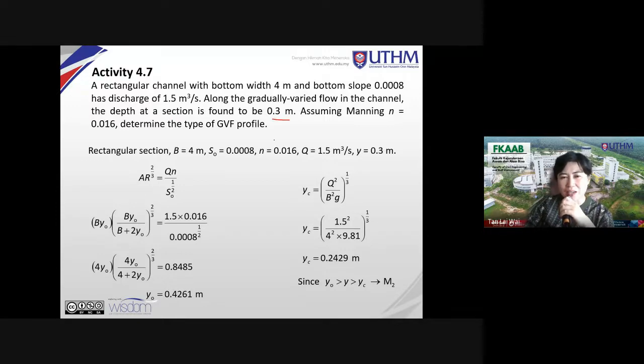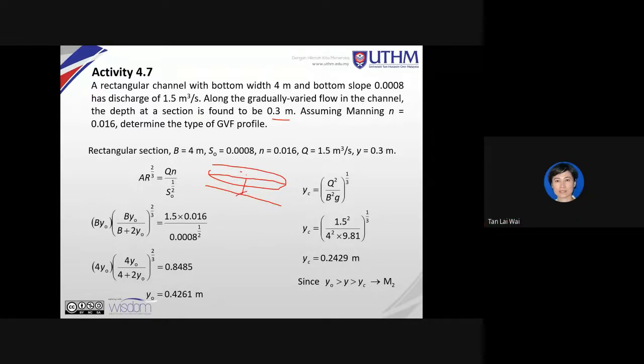I don't know how this would look like, because it has a slope, right? I'm going to sketch it here. It says gradually varied flow, but I don't know what is the Y naught or the YC. At one section the depth is 0.3 meter.